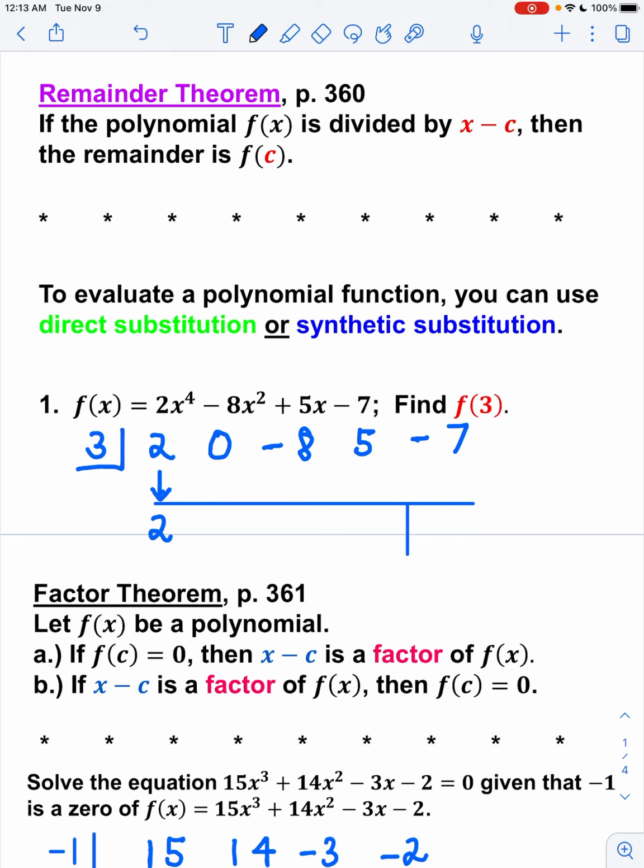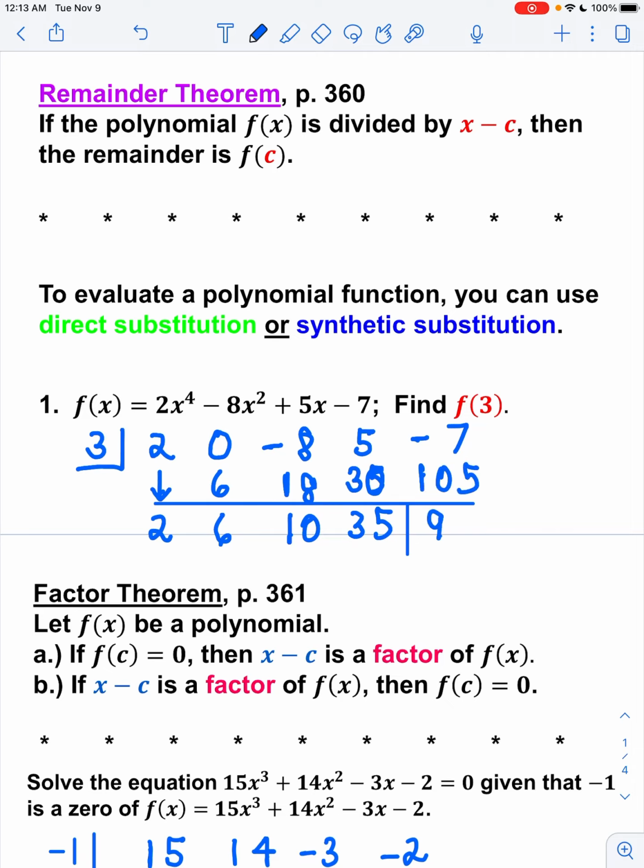And then I'm going to start doing my synthetic division. So I'm going to drop down my leading coefficient, multiply the number in the half box times my leading coefficient, which is 6. Then I'll add, I'll multiply again, and I'll add, multiply, add. Oops, I meant to write 30. I was writing the answer already. And then 3 times 35 is 105.